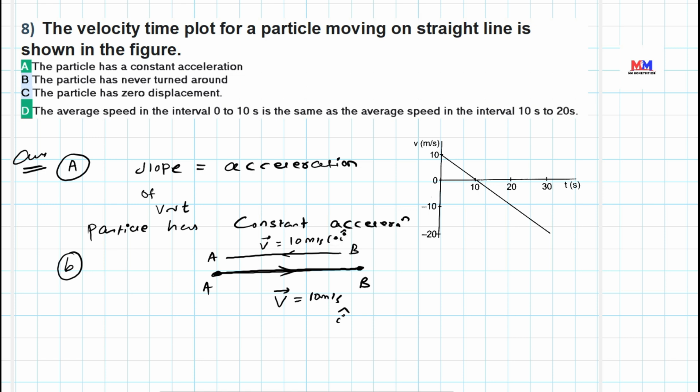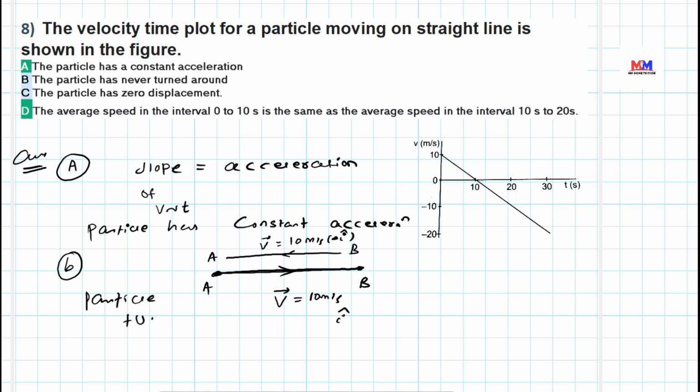So in this case the velocity is positive, in this case the velocity is negative. The particle has never turned around would be wrong, because here the particle turned around as the velocity is negative.